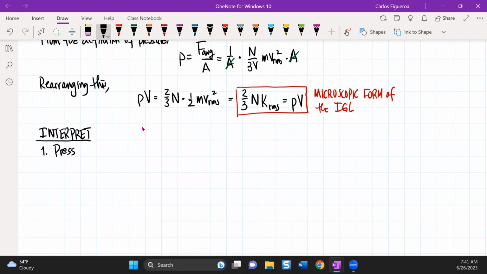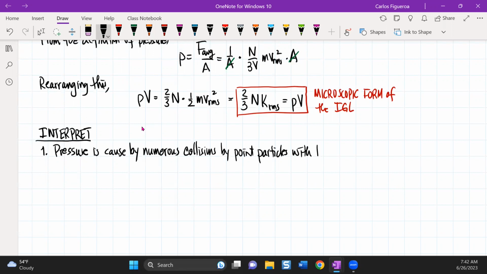Pressure is caused by numerous collisions by point particles with the walls of a container.